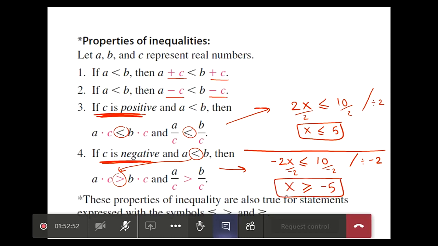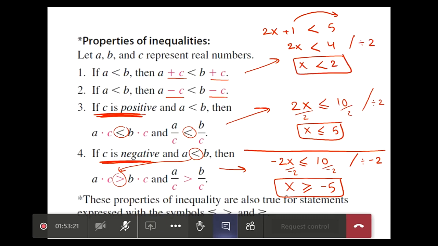Okay? But in addition and subtraction, for example, 2x plus 1 less than 5, we can put the 1 on the other side. So we have 2x less than 4 because we have 5 minus 1. By dividing by 2, we have x less than 2. Divide by 2, positive.